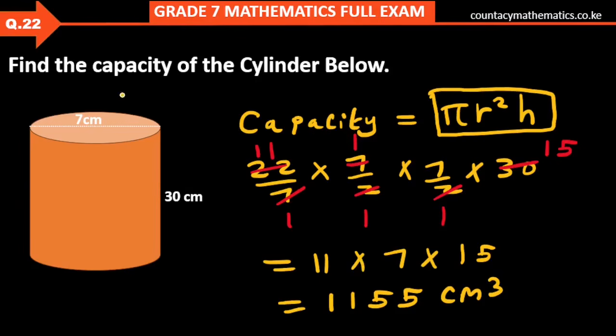If you've just been told to find the capacity, you will just give it in terms of centimeters cubed. But if it was asking about the volume, then we could have gone to an extra step of trying to convert this to liters and so on. But for this one, it is satisfactory to leave it at that.